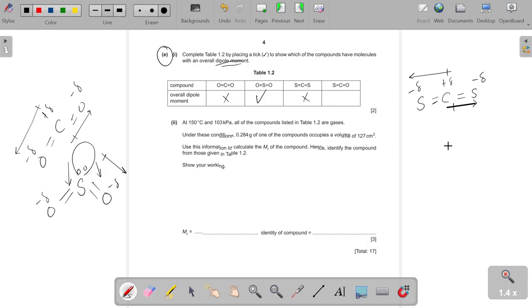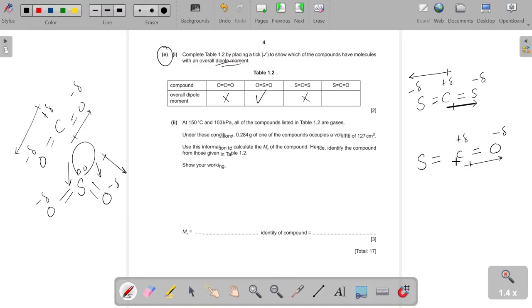So what about this? We have sulfur, then this carbon, and then this oxygen. Oxygen is more electronegative, and it is pulling the electrons of this carbon, so it has become a more polar region, from positive to negative, due to the inductive effect.